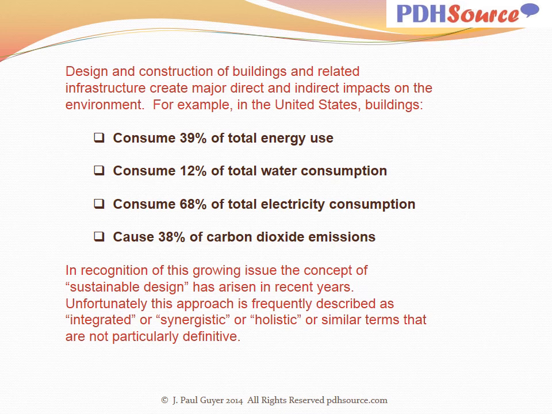Now, this, of course, is not consuming carbon dioxide. It's just that carbon dioxide has been identified as being an undesirable product to be released into the atmosphere because of the allegations of global warming and so on and so forth. So, for what it's worth, that's what this number says.